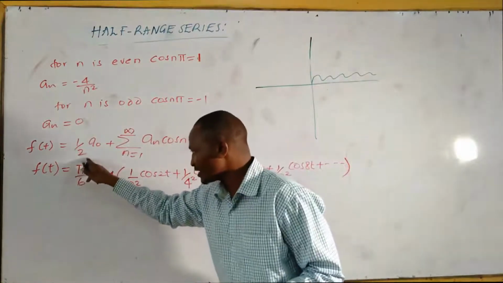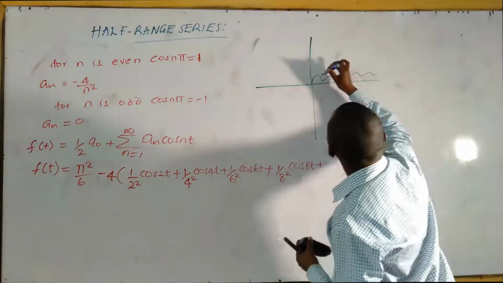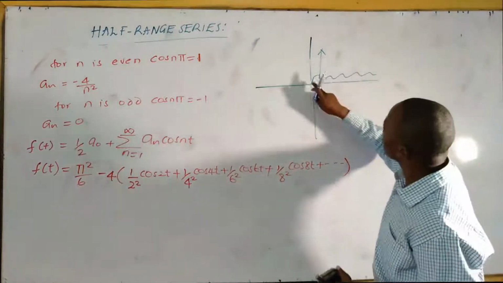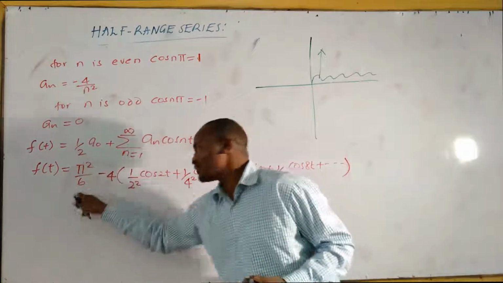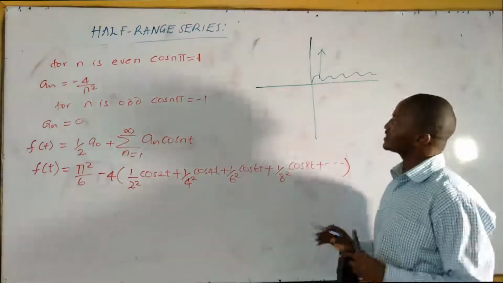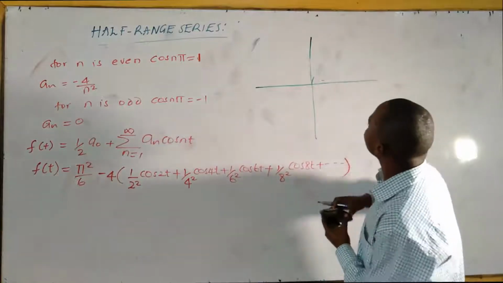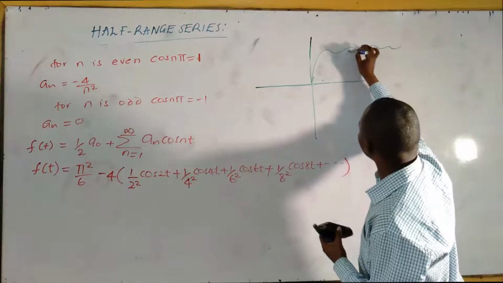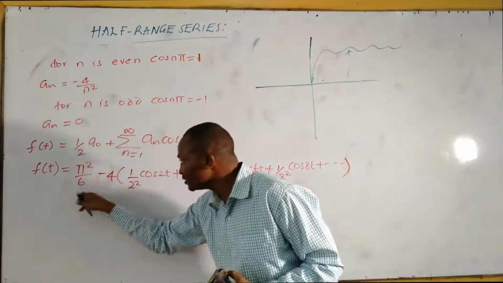If you have the constant term pi squared over 6, its effect is as follows: this is when you do not have pi squared over 6. But now if you have pi squared over 6, whatever waveform you have is traced upward.